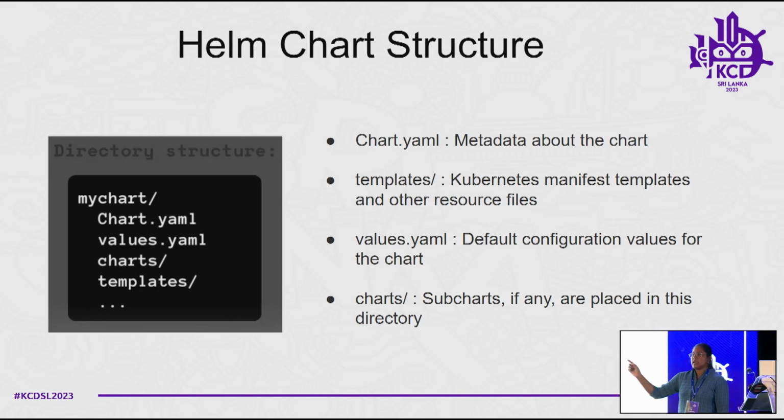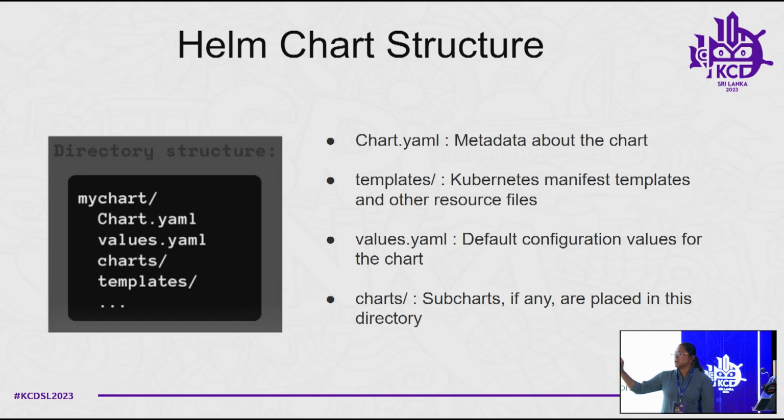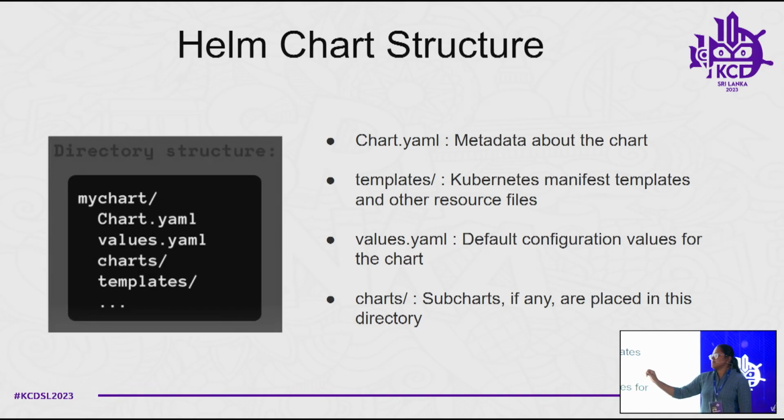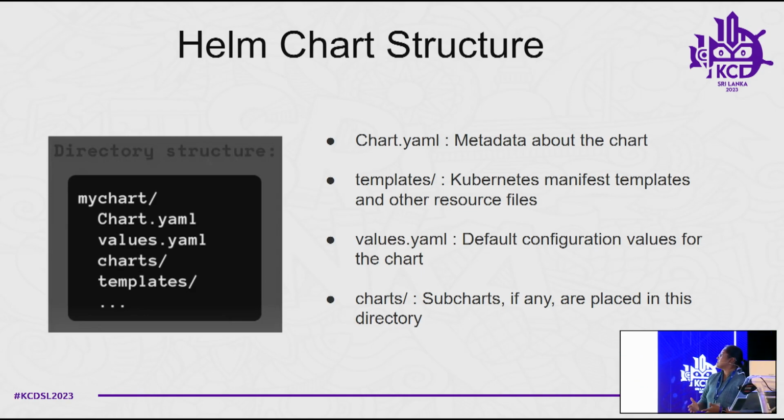And under that, we have the Chart.yaml file, which includes metadata about the chart, including name, description, maintainers, version, and so on. And in previous slides, I went through a little bit about the values YAML and templates files. Values files are default configuration values for the chart, and templates are like Kubernetes manifest templates.